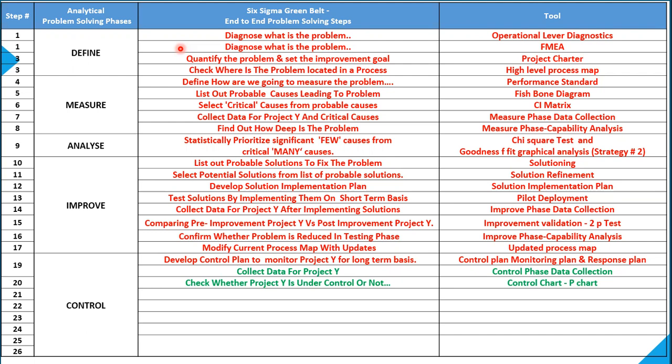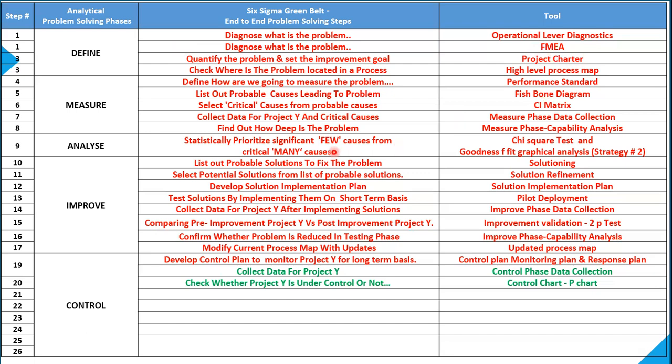That's where we are, in the first step or first phase of DMAIC, that is prioritizing the problem. Once we prioritize the problem, the very next thing is we got to quantify it and set the improvement goal, and then we are going to document it with the help of the project charter. This is the project charter.